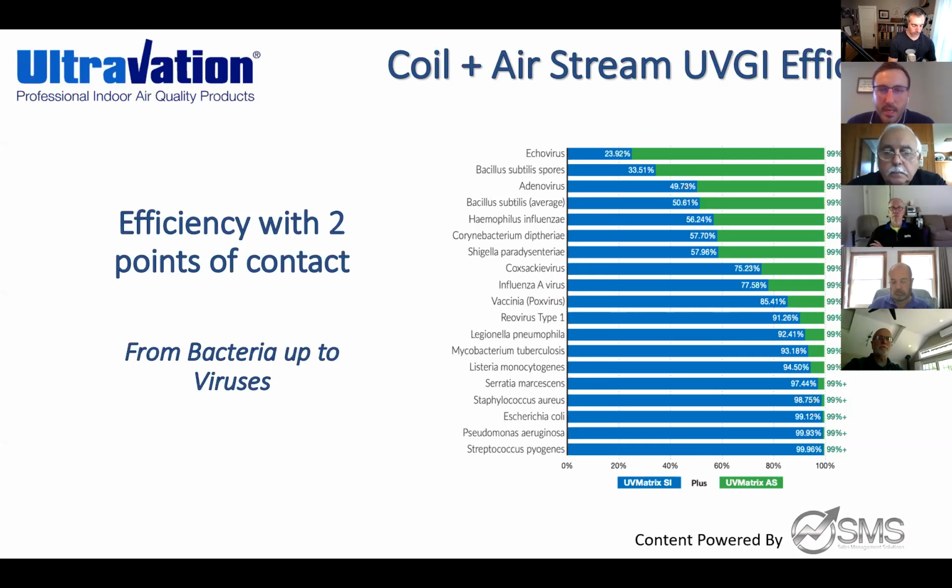Now, if you look all the way at the top at the echovirus, if you just treat the coils, you only get 23.92% efficiency. The green signifies airstream disinfection. So you need to treat both the coil and the airstream to get 99% plus disinfection of that echovirus there.